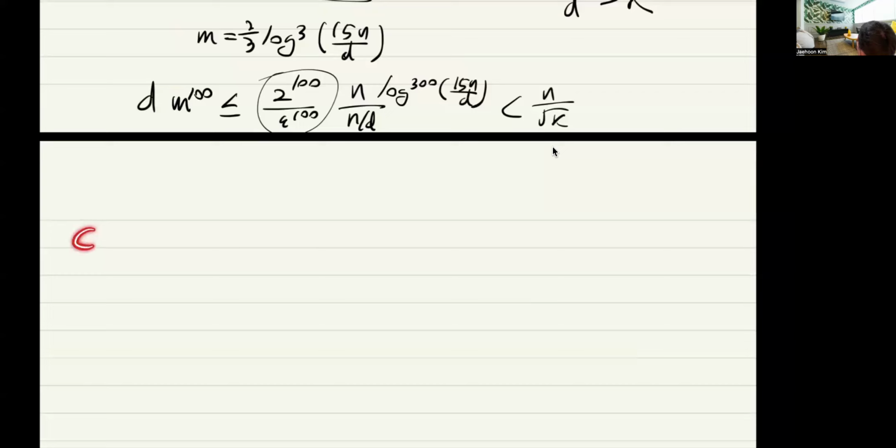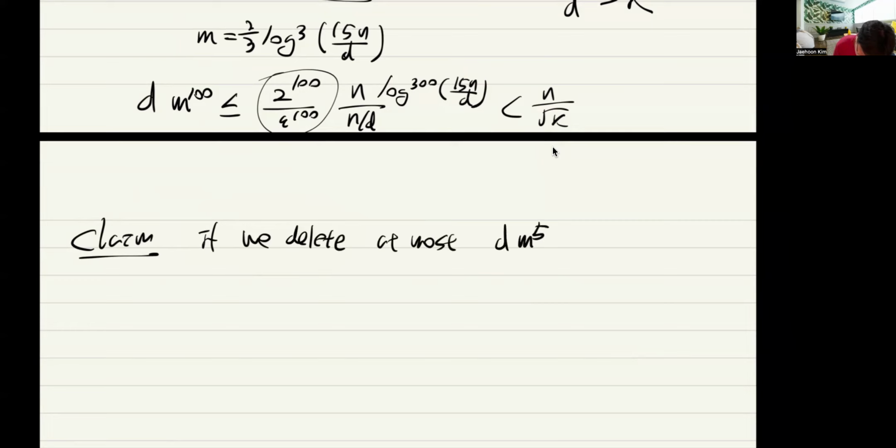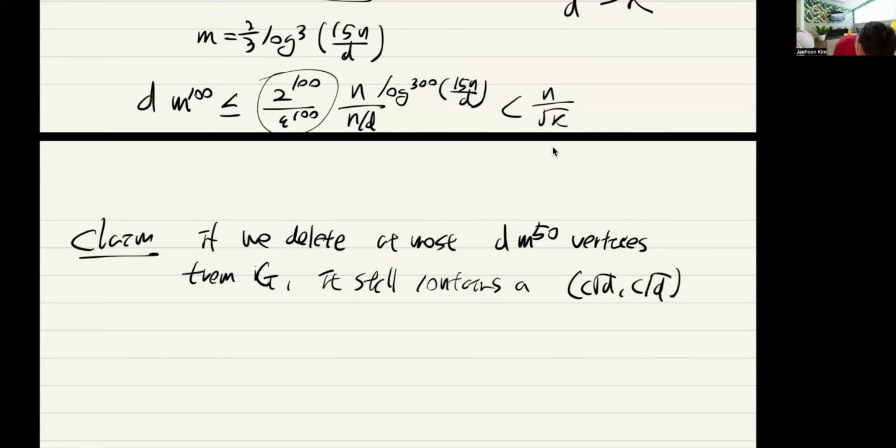For that, we first claim that we can get many hubs. We know that any graph, let's write it this way, if we delete at most d times m to the 50 vertices from the G, it still contains C square root of D, C square root of D hub.